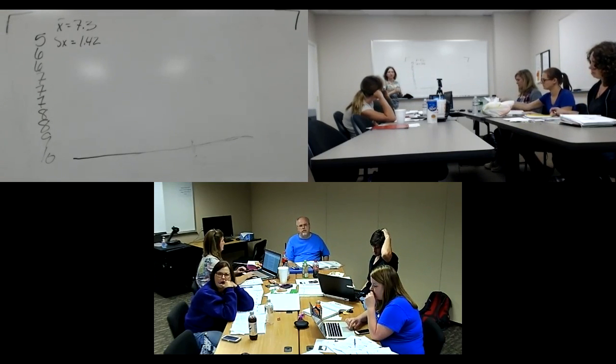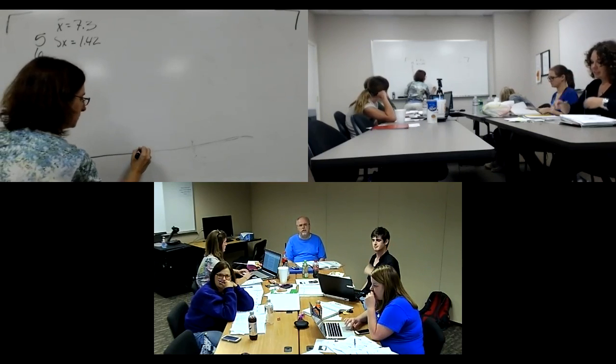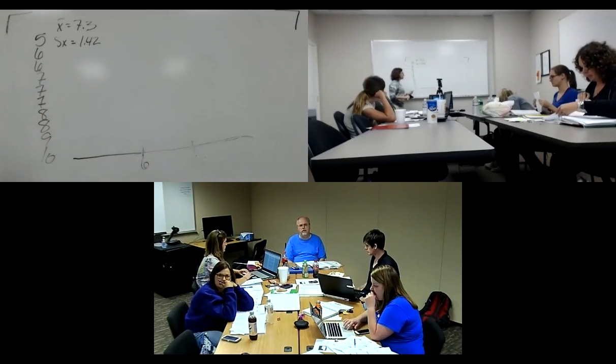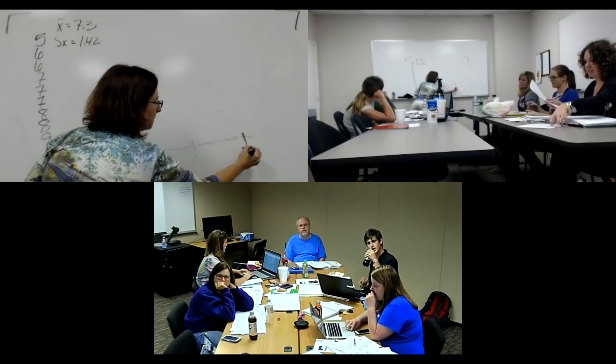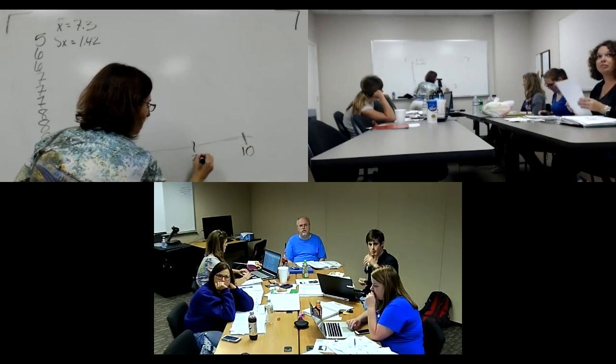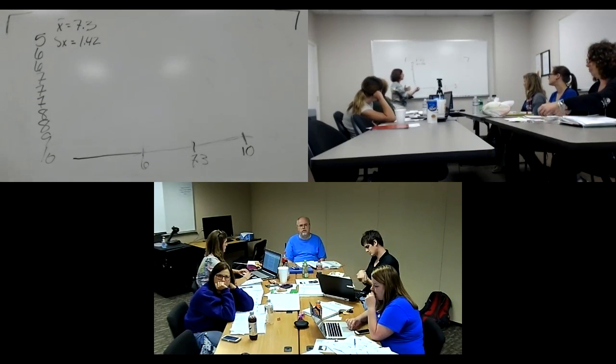And let's say we took another sample, and that sample had a mean of 6. Sample 2 was a 6. We did it again, and then we had another sample, and their average was 3.